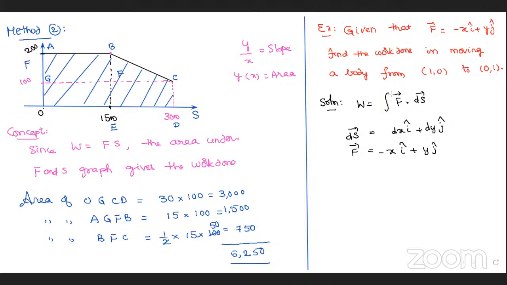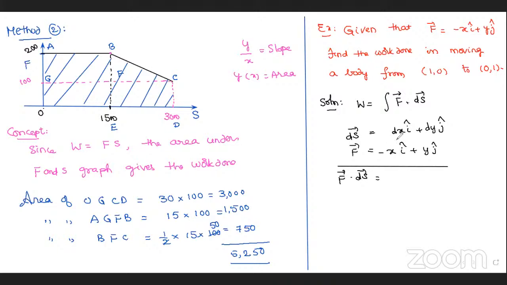Then we are taking here first to integrate. Before the integration, we have to take the dot product of two vectors, because we assume both in vector form. So the dot product F bar dot ds bar. Dot product, all of you know.